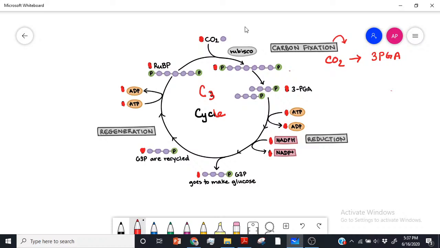Okay, now why carbon fixation is necessary? Just briefly tell me why carbon fixation is necessary.